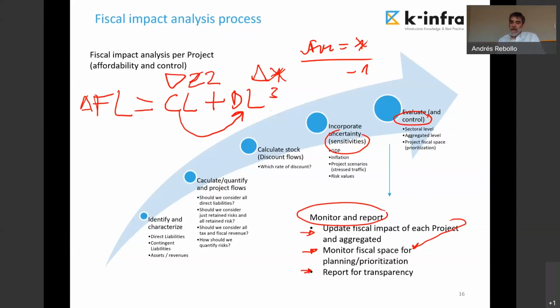because when we are assessing the fiscal impact of a PPP by means of calculating the net present value of the net liabilities, then, well, I need to discount the projection of all the payments that I need to do and the projection of the value of the contingent liabilities.